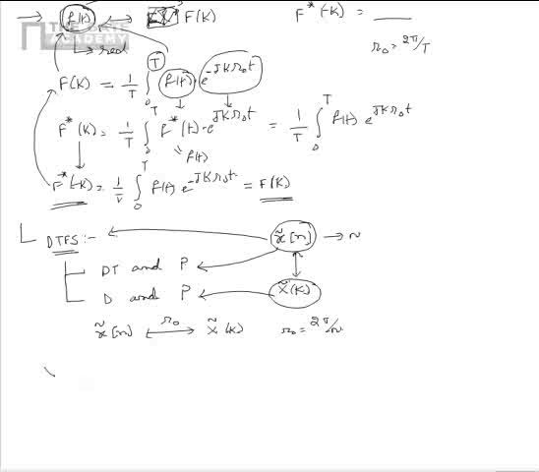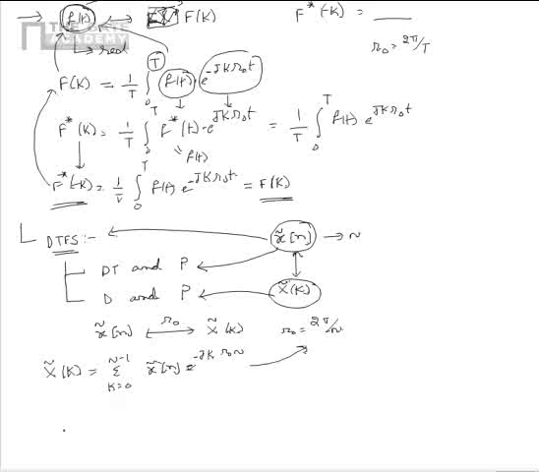So from this relation, the DTFS representation of given periodic signal is given as x of k is equal to sigma n equal to 0 to N minus 1 x of n multiplied by e power minus jk omega naught n, where omega naught is equal to 2 pi by N. So this is the analysis equation.